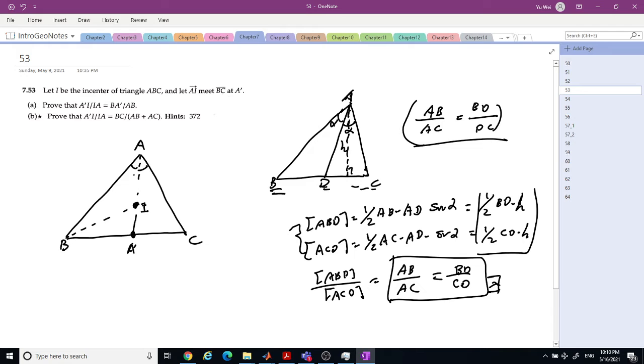Now, because this is an angle bisector, and this is also an angle bisector for the incenter, right?